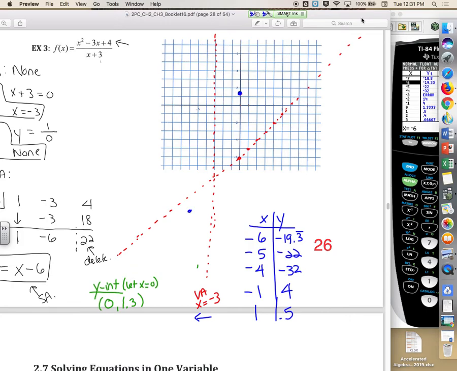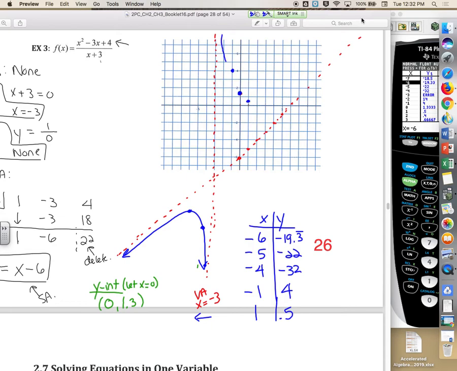It's about -19, -5 is about -22, down a little further. And -4 is at -32, so it's even further down. So it's kind of looking like that. And then -1 is at +4. This one will be a little nicer. And +1 is at 0.5.